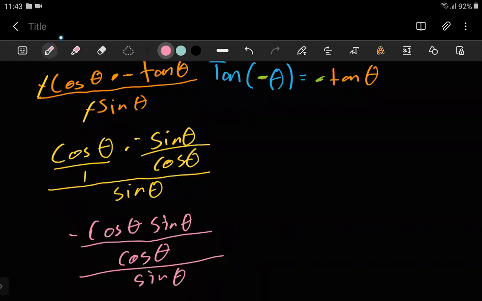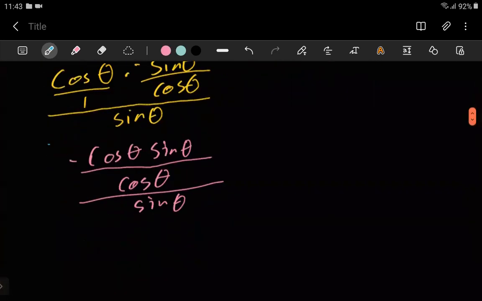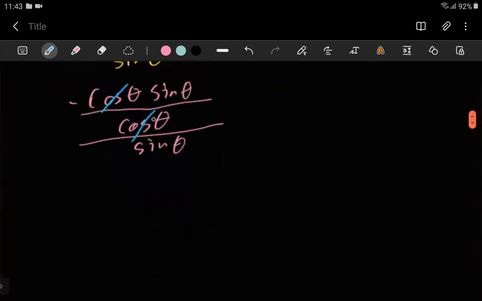Nothing crazy, we just have to keep it normal. So what's happening here is that this cos cancels this cos. And then we're going to have sine theta divided by 1 there. But then we're dividing by the sine theta.